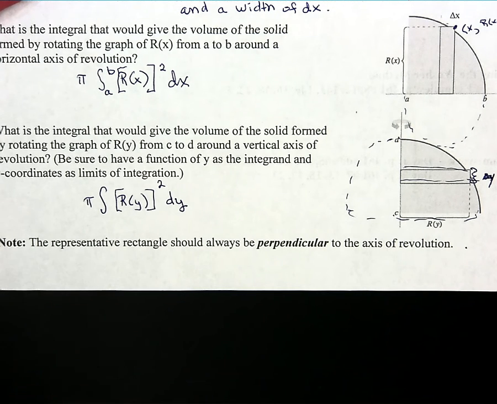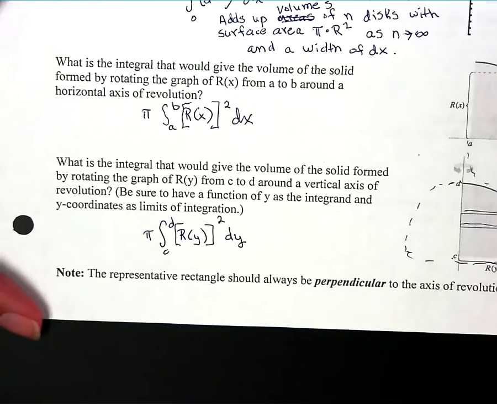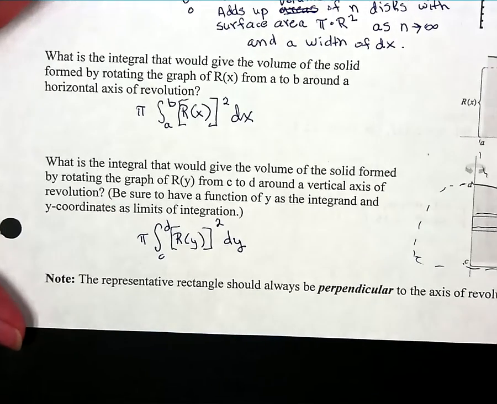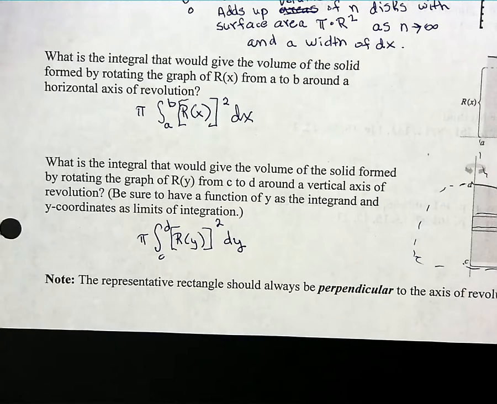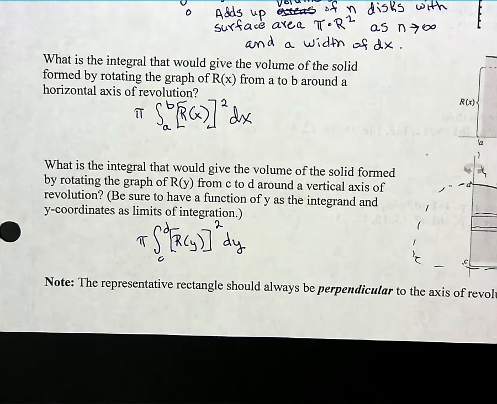Yeah, C to D. Why do we say dy instead of delta y? Remember the differential? dy is an approximation of delta y. dx is an approximation of delta x. When we're integrating, we just write the differential.